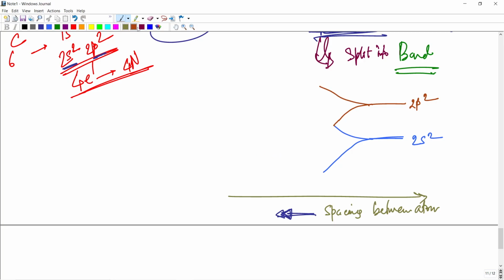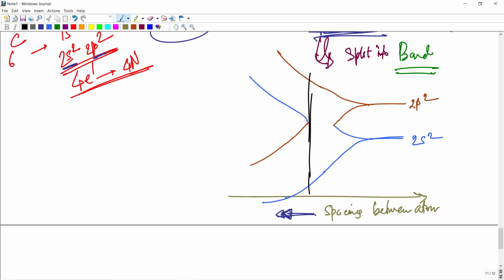When they split, this one goes in this direction and this goes downward, and this band also splits here. It goes downward, and this goes upward.